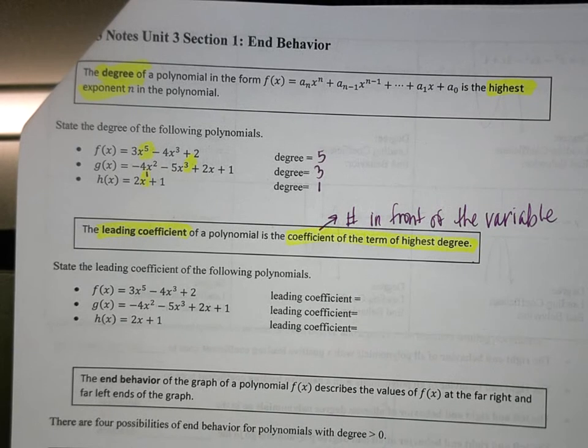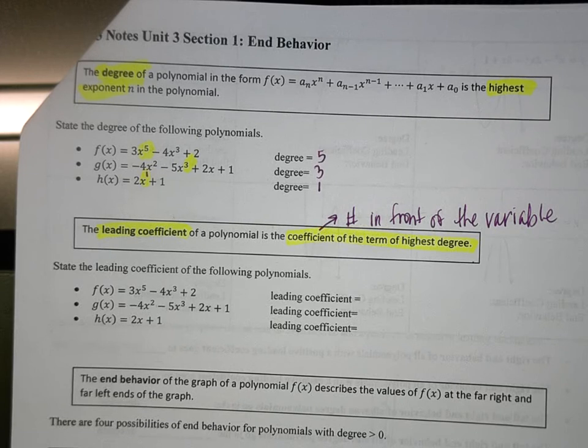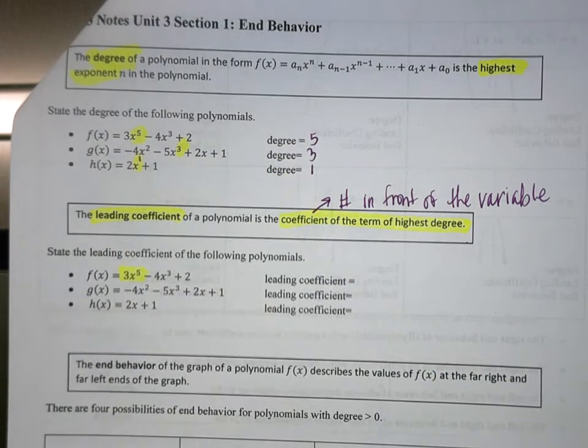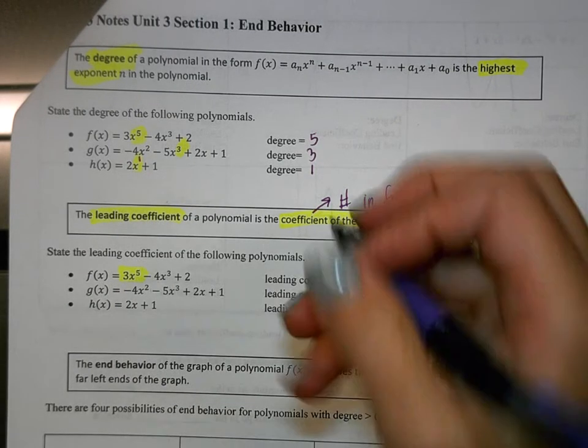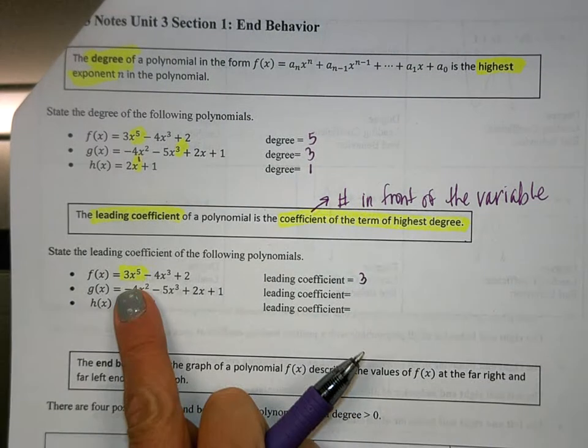Your leading coefficient comes from the same term as your highest degree. So looking at the same f of x equation, the leading coefficient would be what? 3. The leading coefficient comes from the term with your highest exponent, so 3.